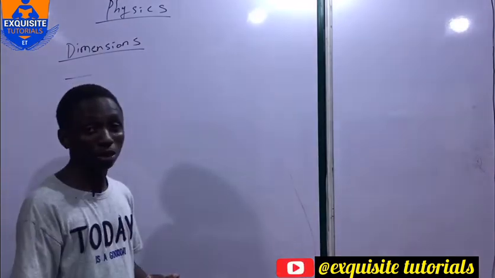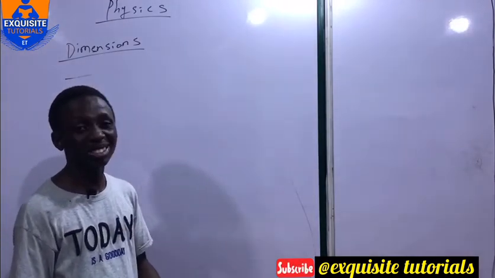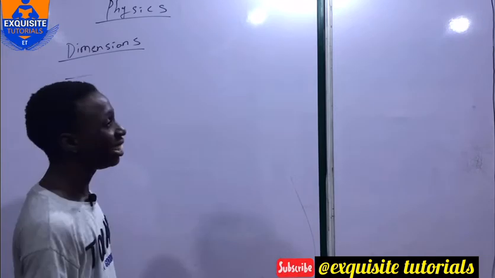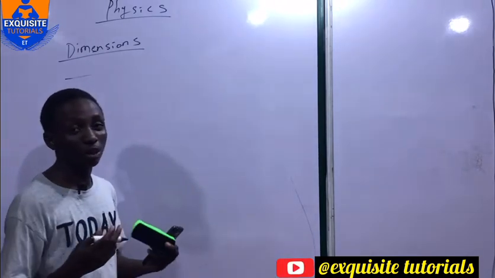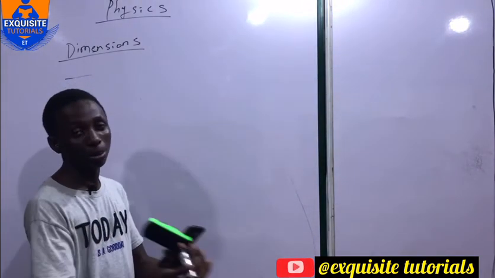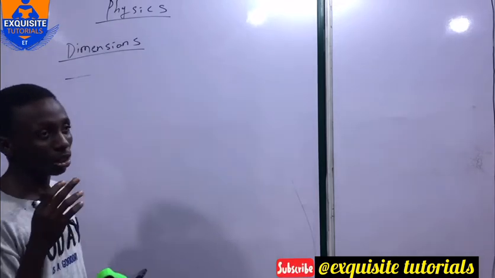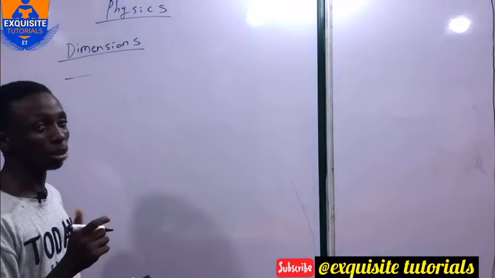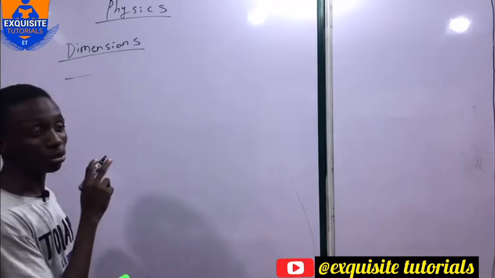The concept of dimension is used to simply represent derived quantities in the way they were actually made up from the fundamental quantities. Now we'll be looking at three major concepts when looking at dimensions.